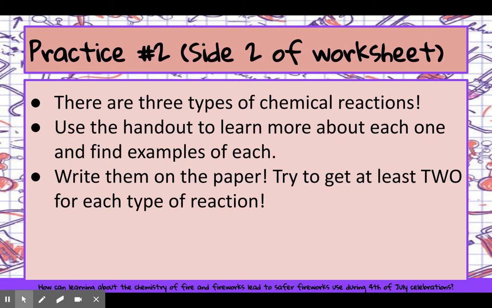Okay, so the drill and practice for today is not side 2 of the worksheet. I had to make a separate Google Doc. You're going to use the book, and you can use the rest of the slides, which I'll go over in just a moment, to document at least 2 of each type of reaction. Okay, and if you need to use the web, you're more than welcome to do that.